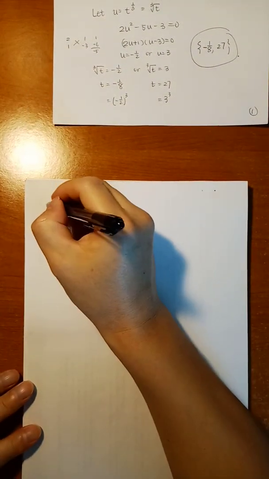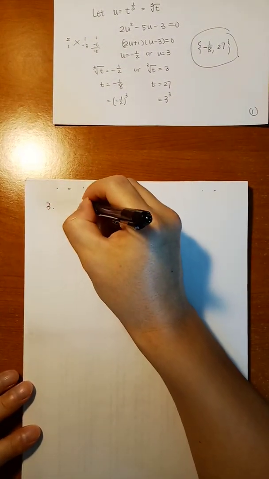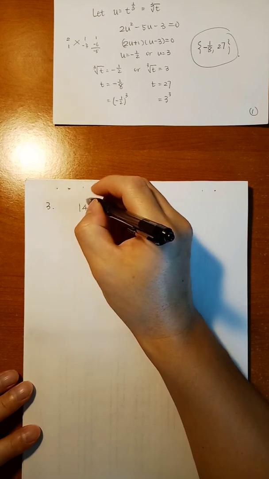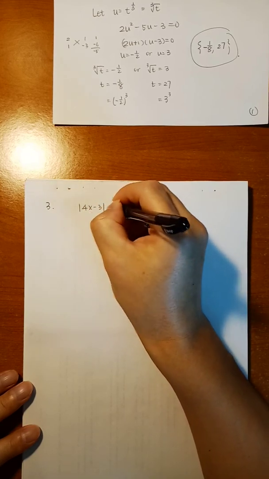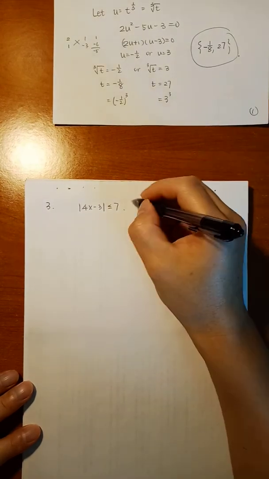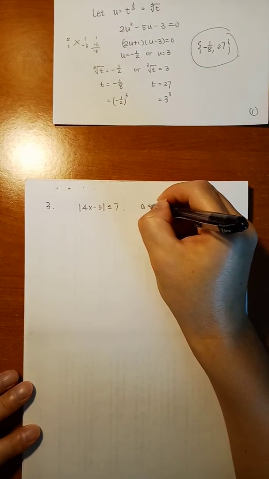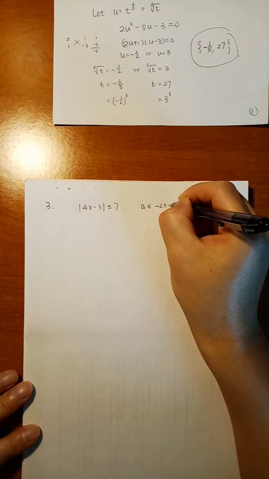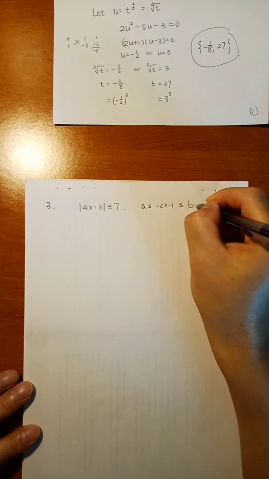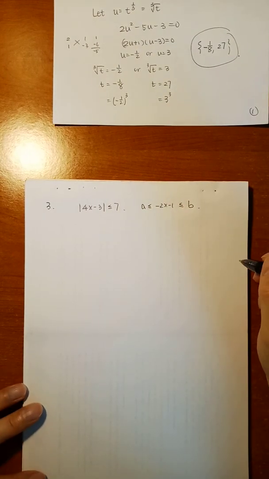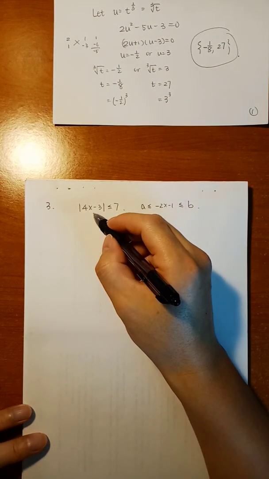And the third one. We know that the absolute value of 4x minus 3 is less than or equal to 7. We're looking for a and b so that this inequality is satisfied. Let's start from here.